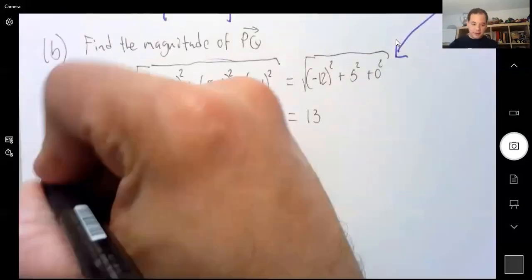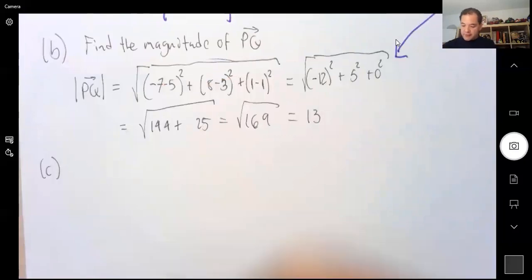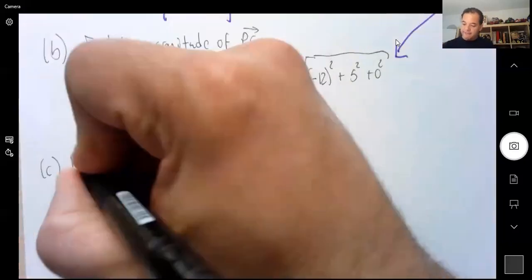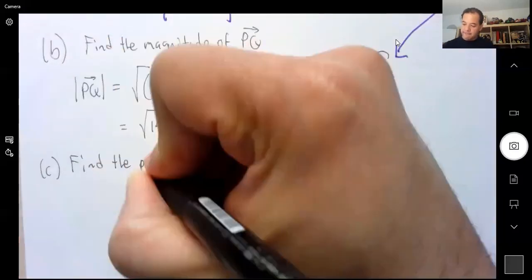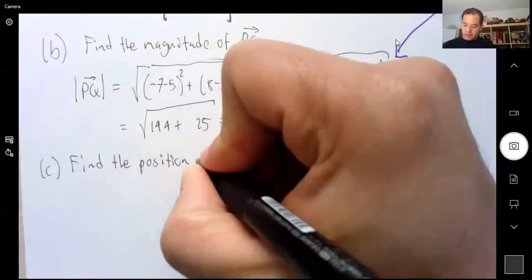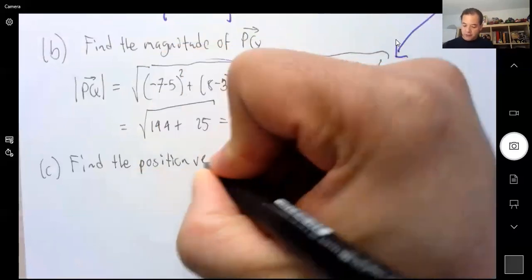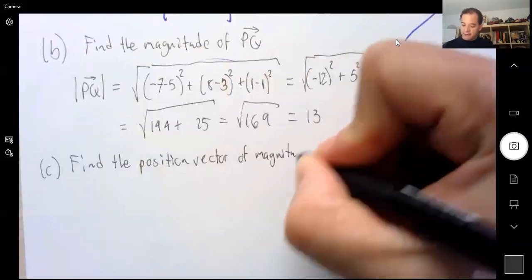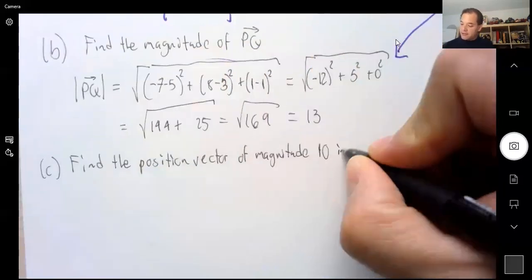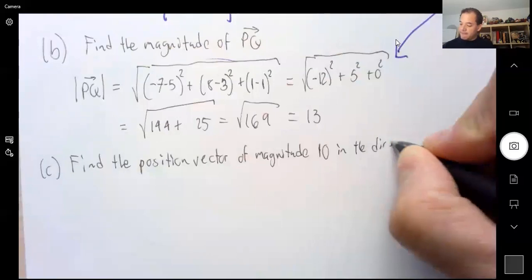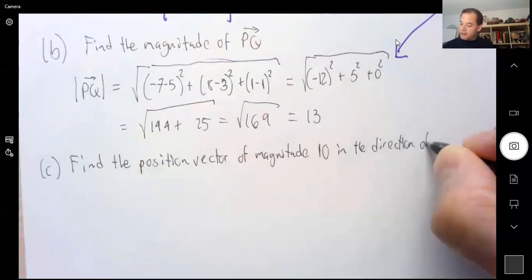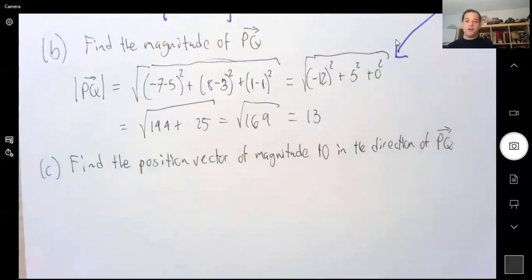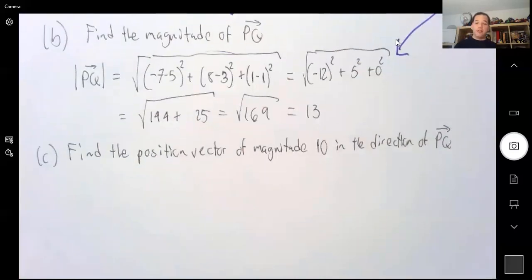Next part, part C. It says now find the position vector of magnitude 10 in the direction of PQ. Okay, and we learned how to do this in 2 dimensions for vectors in the plane.